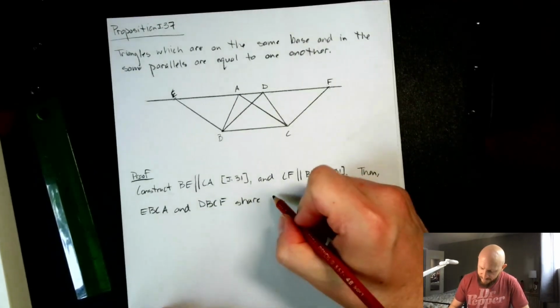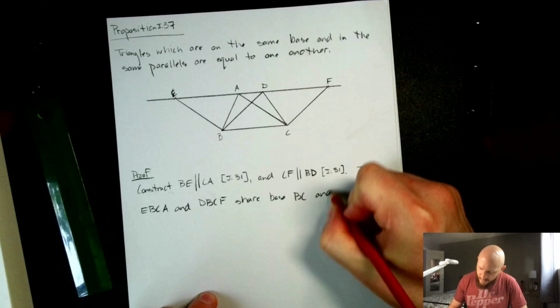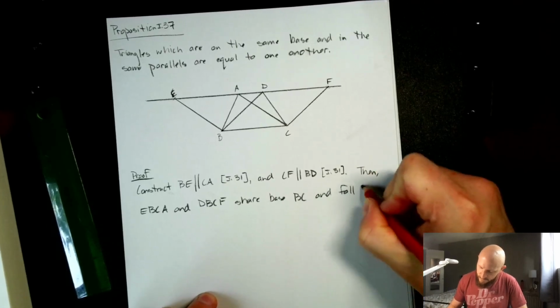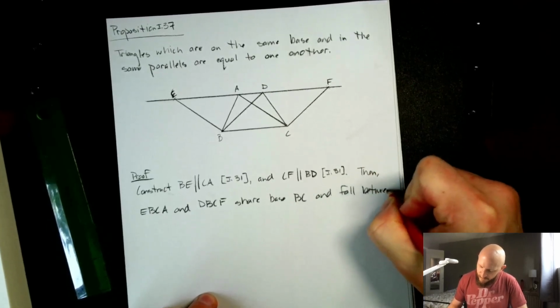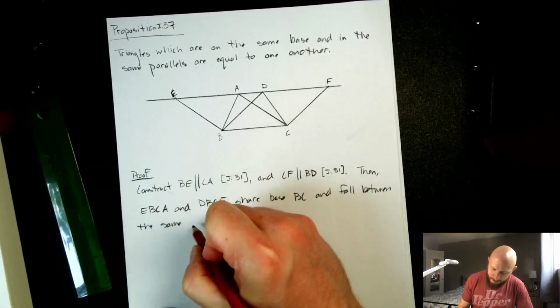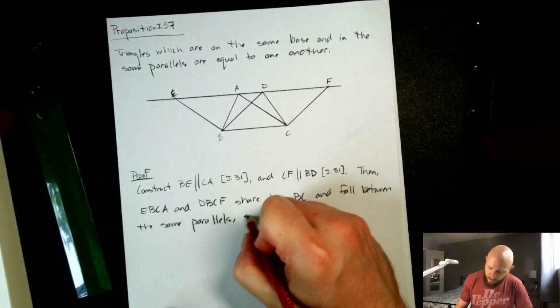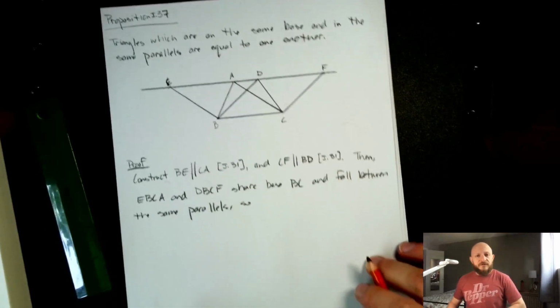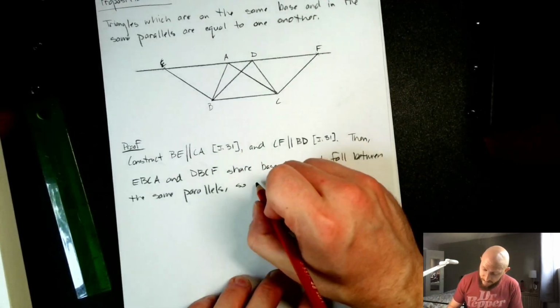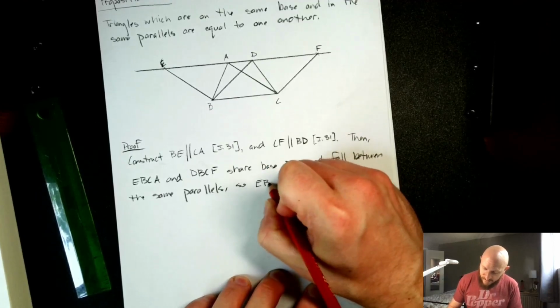They share a base, BC, and they fall between the same parallels. So we have a proposition that says something about parallelograms that share the same base and fall between the same parallels.